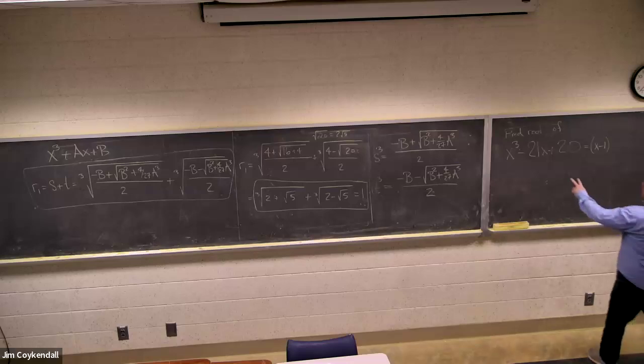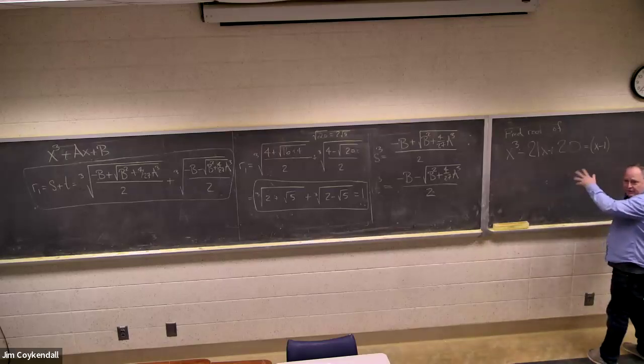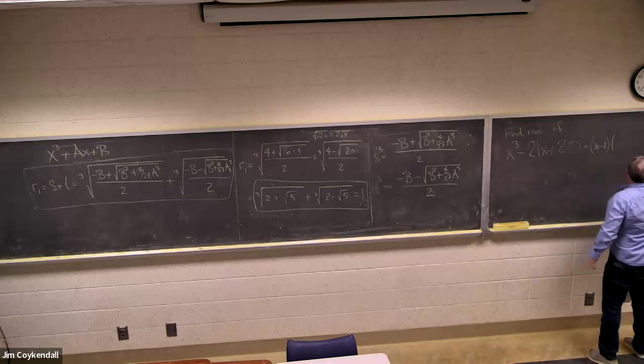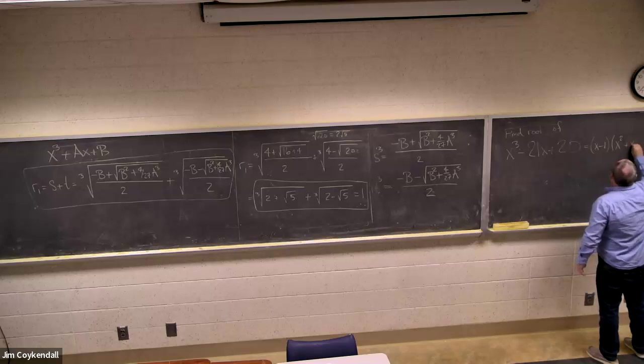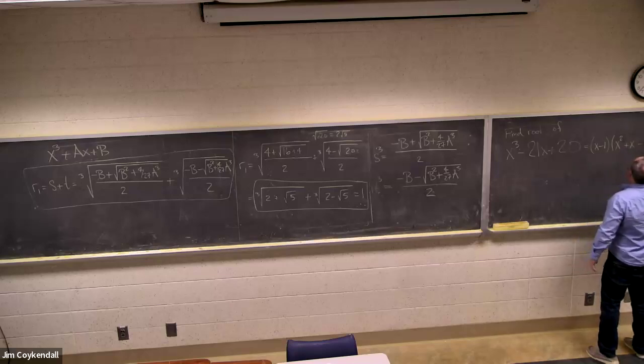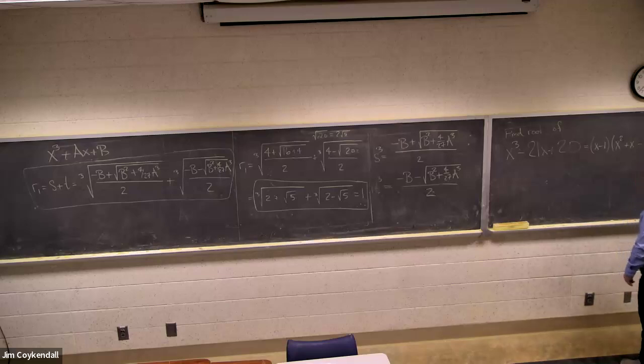Okay, so 1 is a root of this, so this has a factor of x minus 1 to it. So this is x squared plus x minus 20, I guess. Agree? What about this?